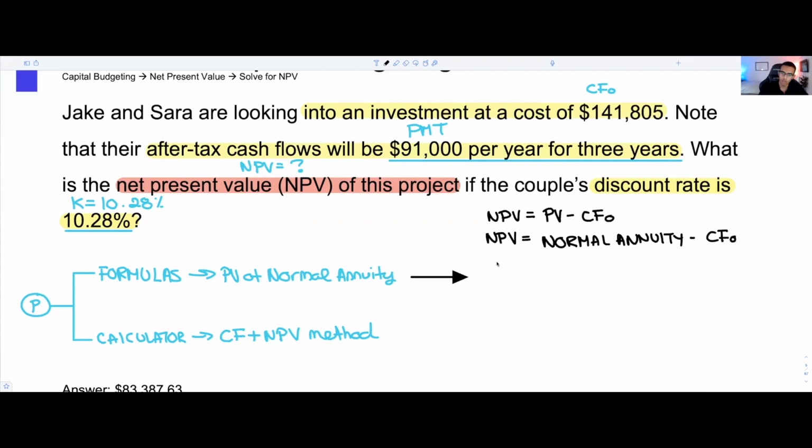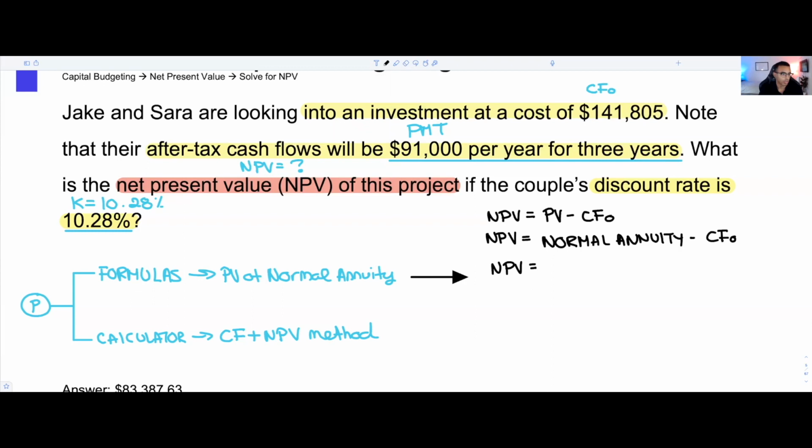What's really interesting is that the normal annuity is something that we saw in chapter 5. You could use a calculator for this part, or you could use the literal formula that you would find within your flowchart. At this point, it's really up to you. I'm going to plug it in within my formula, and you could try to do so as well. I'm going to do it quickly so that we're going at a good rate.